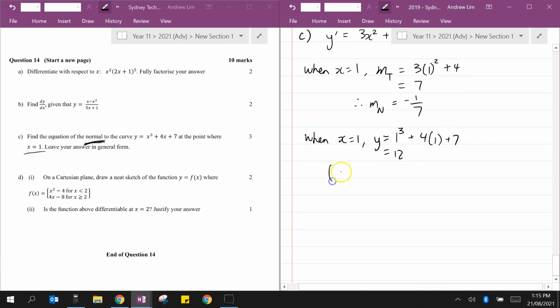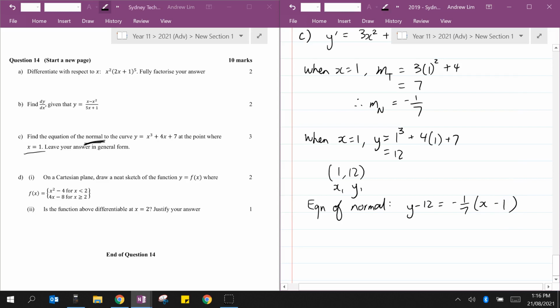So that's the point we'll be using, 1, 12, x1, y1. So the equation of the normal is y minus y1 is equal to m bracket x minus x1, which should be a 1, not a 12.